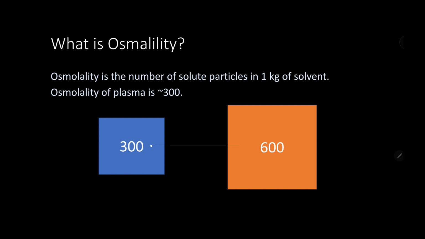Now, the resultant of this movement can be good or bad, depending on what it is. If we use the same logic for plasma and contrast media, the blue box depicts plasma, which has osmolarity of 300 milliosmoles per kg, and the orange box depicts the contrast media. So if we use a contrast media which has higher osmolality when compared to plasma, there is movement of particles from contrast media into the plasma, into the cells much more.